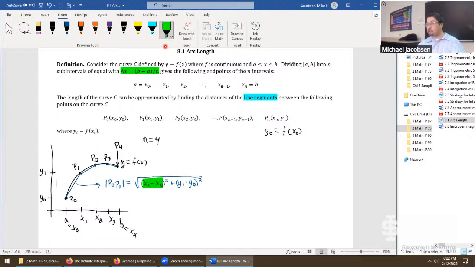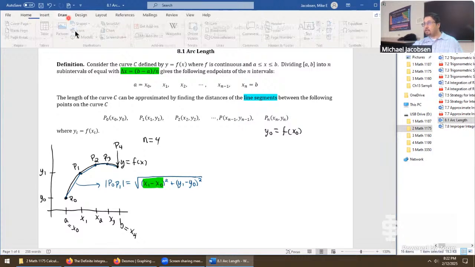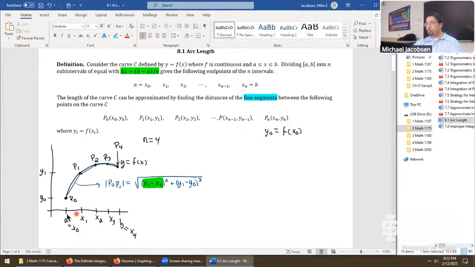Notice how weird it really looks though, because delta x is this quantity. It's the width of each one of these intervals right here. So if you say x1 minus x naught, that's a negative value, but the squaring is going to just peel off that negative sign immediately. It has no meaning at this point. That's really just delta x squared.